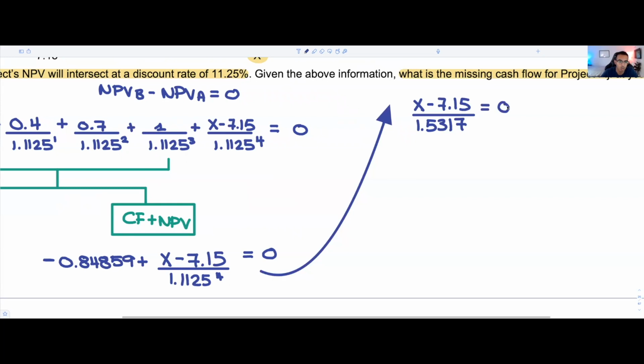This is going to give us 0.84859. Then you could do x minus 7.15 times that amount.